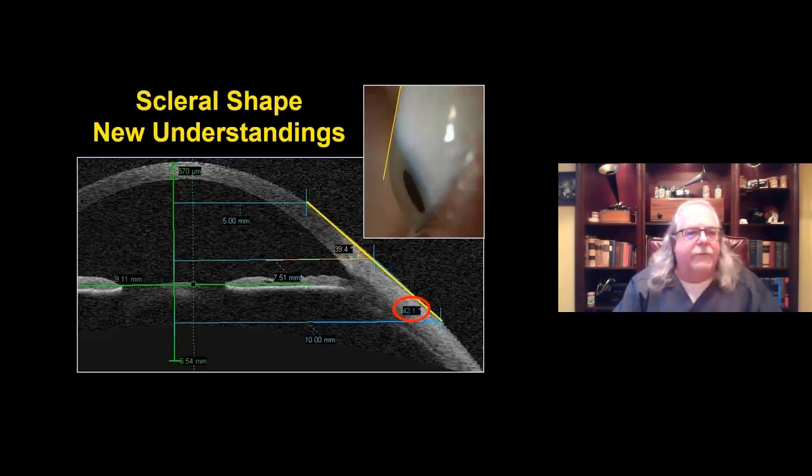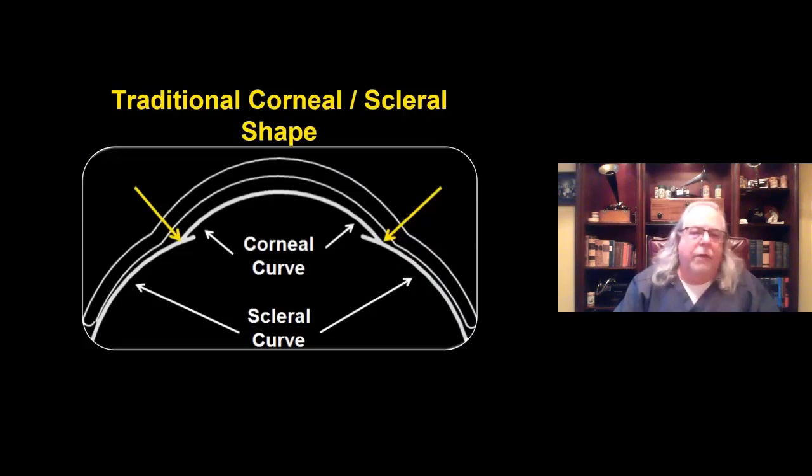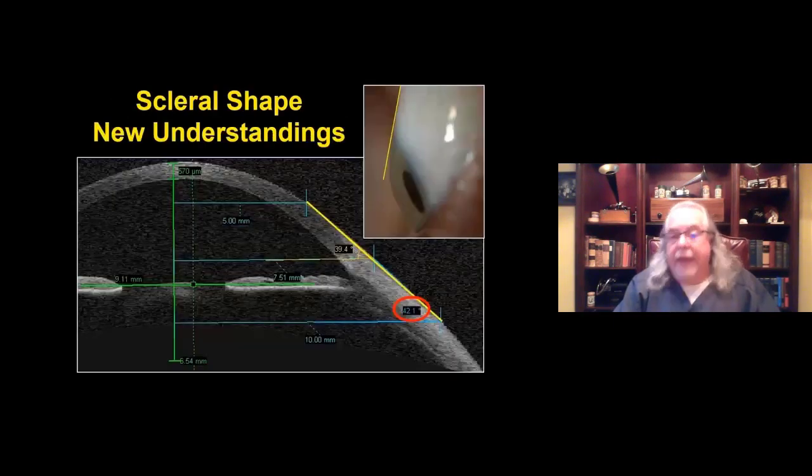Now, this was very, very critical to our understanding of modern scleral lens designs, because historically we had always used curves in the periphery, thinking that the sclera was a curved surface. Yes, it is, but that curve doesn't start until after a chord of 20 millimeters.